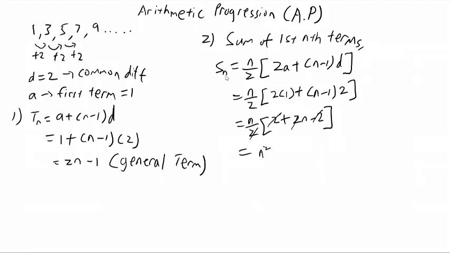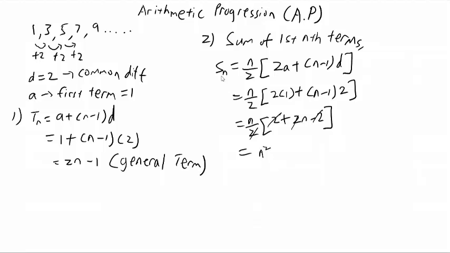When n is 1, you're finding the sum of the first term. The sum of the first term is just the first term because there's no sum at all. So 1 squared is 1, it tallies: the first term is indeed 1. When n is 2, you're finding the sum of the first two terms. 1 plus 3 gives you 4, and 2 squared also gives you 4, so you tally.